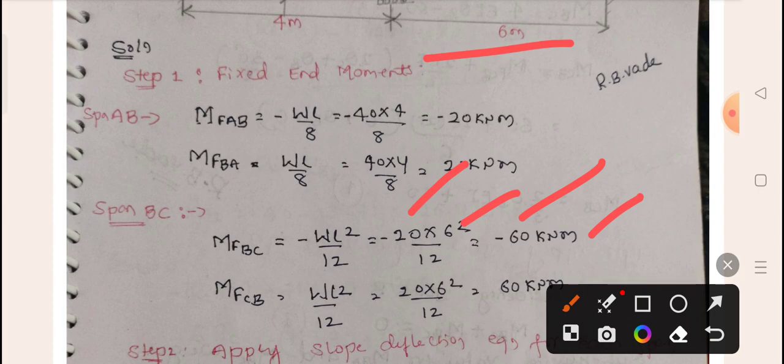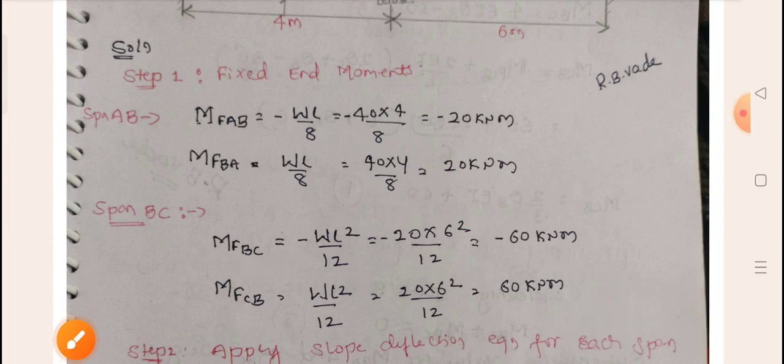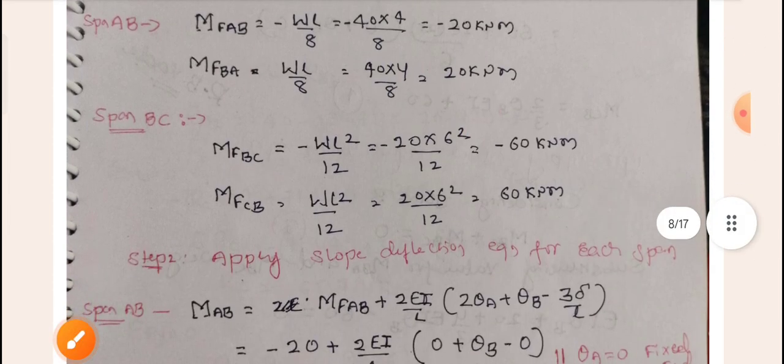If you solve, you get minus 60 kilonewton meter. Same thing for MFBC, it is minus 60 kilonewton meter, and for MFCB, with the plus sign, plus WL square by 12. Same calculation, 20 into 6 square divided by 12, gives plus 60 kilonewton meter. So step number one is over.